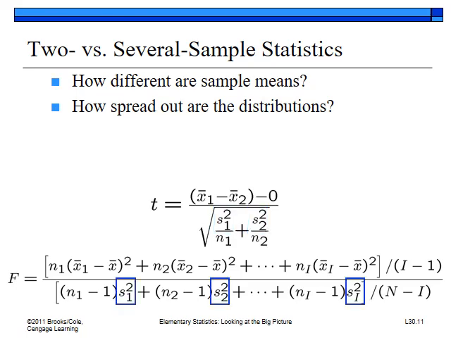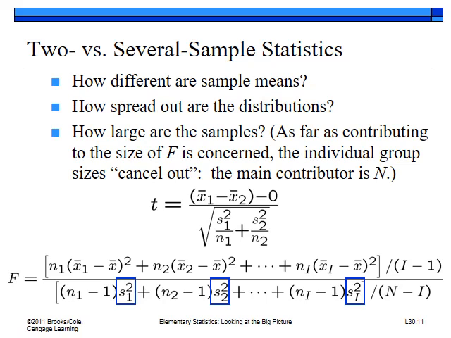In the F statistic, we also square the individual standard deviations, but notice there's no square root involved. This makes sense. Remember, in the numerator, we didn't have a square on the difference in means in t, but we do have a square on each of the difference of means for the F statistic.